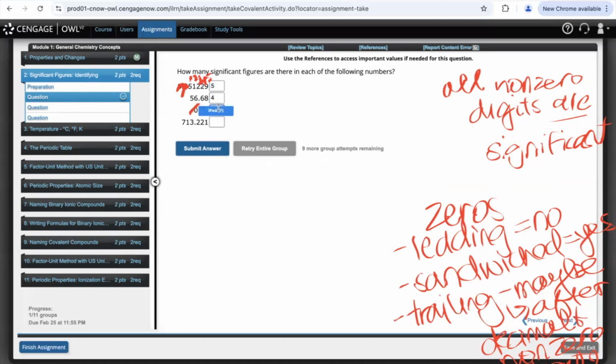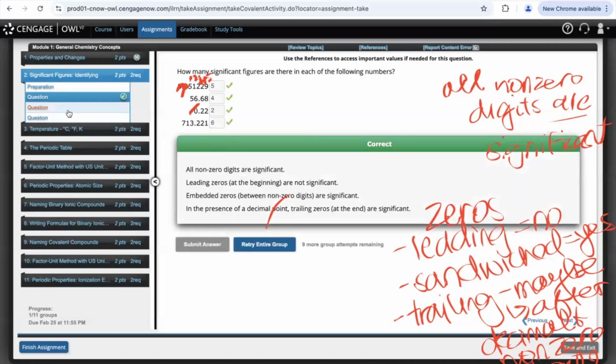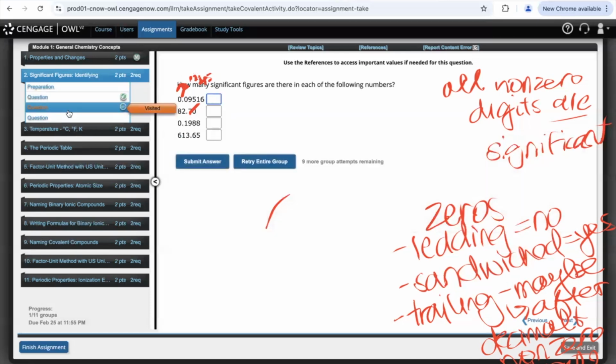This leading zero, since leading zeros never count, we have 1, 2. And then here, no zeros, so we don't have to worry about it. We have 1, 2, 3, 4, 5, 6. All right. So again, we need to do another one to master. Let's erase this.